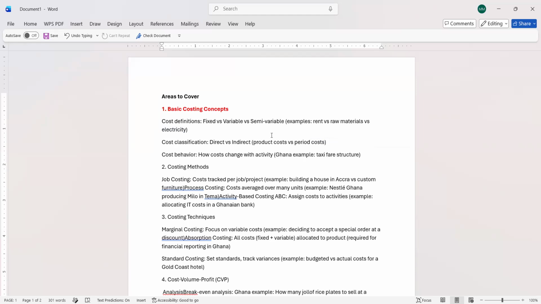So we will learn all these things: fixed and variable costs, what they are, and what costing techniques are. We also talk about how to classify costs, the various classifications of costs. We have direct and indirect costs.